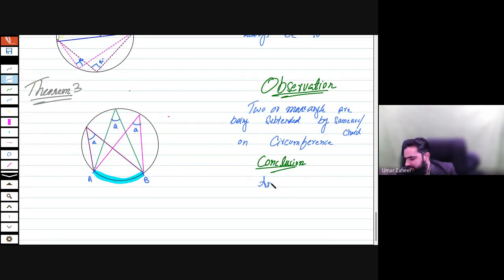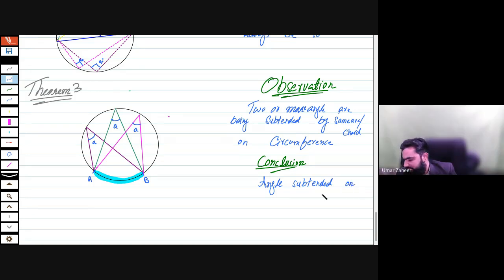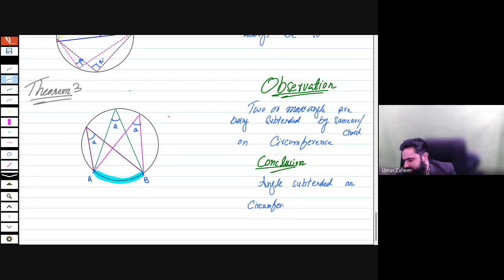The angle that is subtended from the same segment is the same. Angles subtended on the same segment on the circumference are the same. You can use the word segment as well. This is your third theorem.